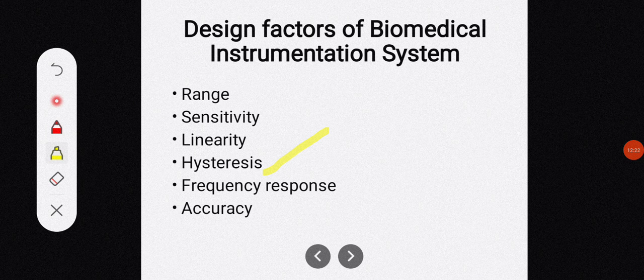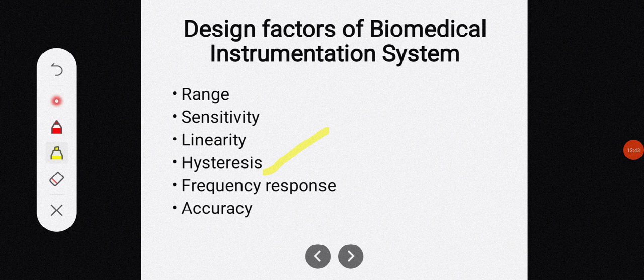I have also used the term loading and unloading. By loading I mean that the instrument input is increasing in amplitude, and by unloading I mean the input physiological parameter amplitude is decreasing.